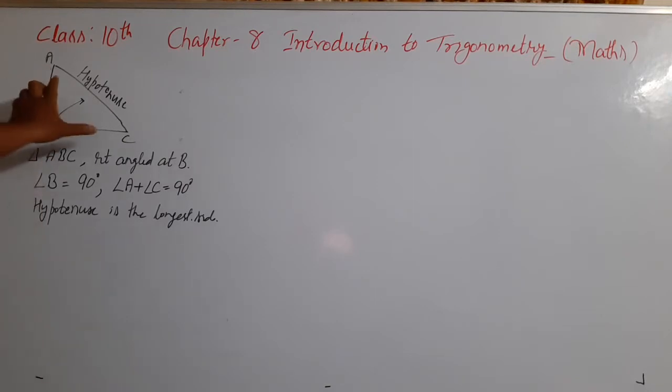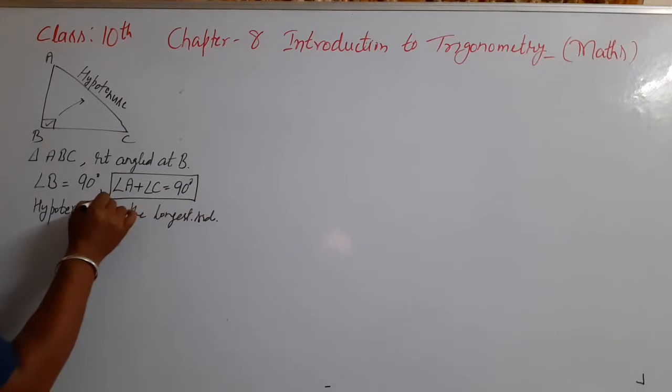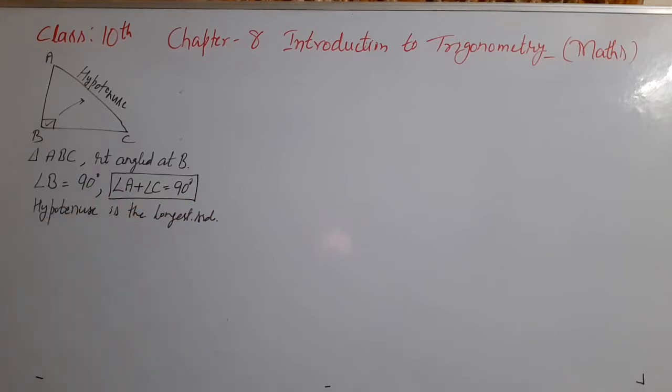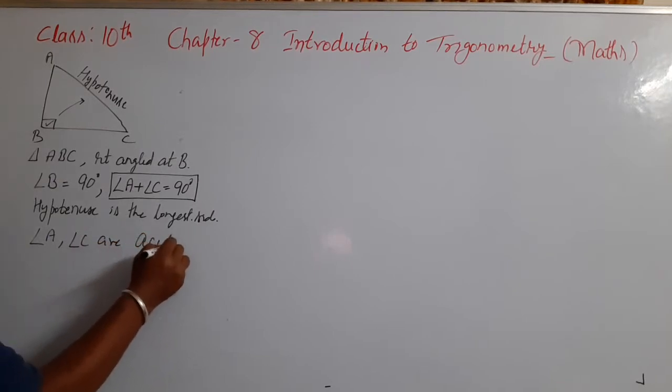That is, AC is greater than both AB and BC. Now, the sum of angle A and angle C is 90 degrees, which means that both angle A and angle C are acute angles.